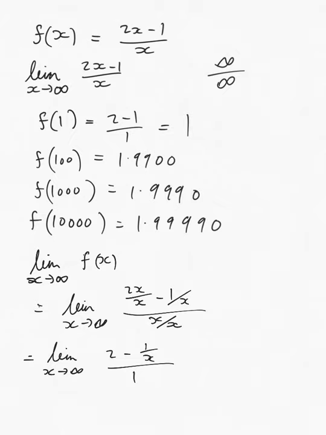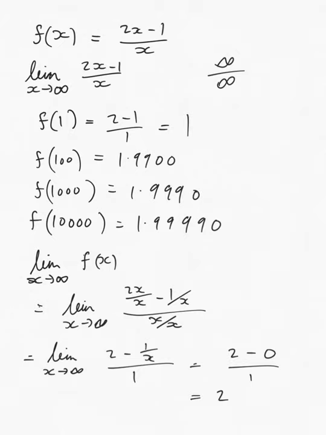And now I know what the limit of 1 over x is as x goes to infinity. So that is equal to (2 minus 0) over 1, which is equal to 2, which is what we expected.